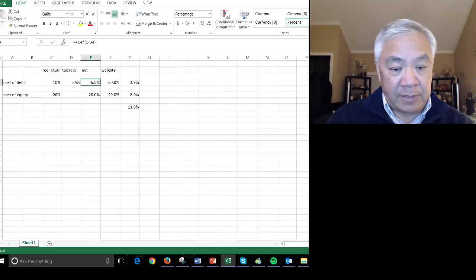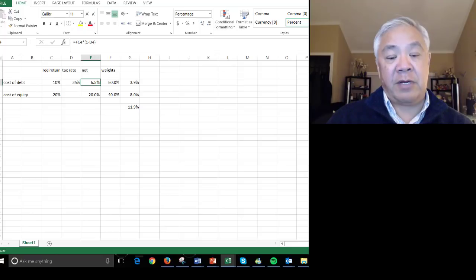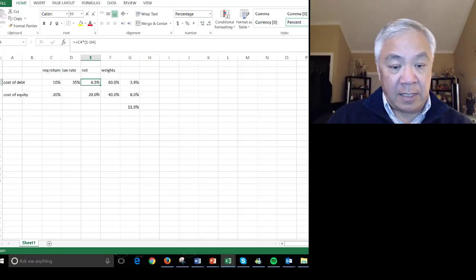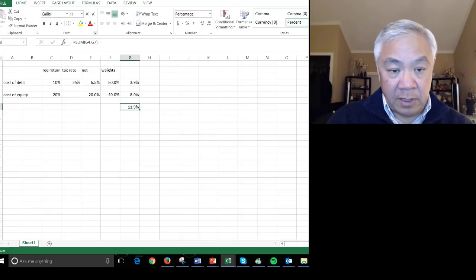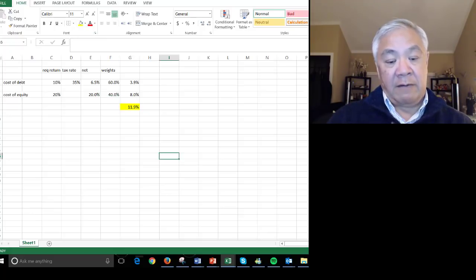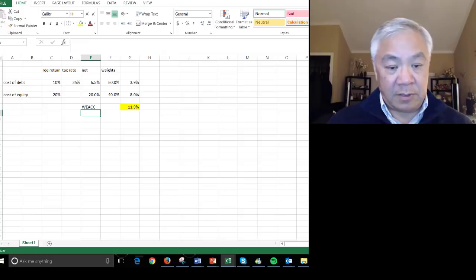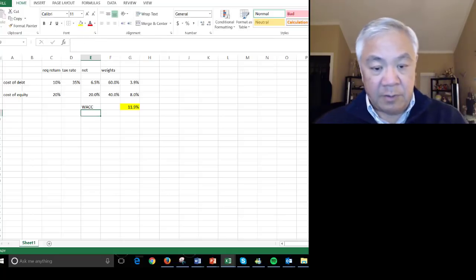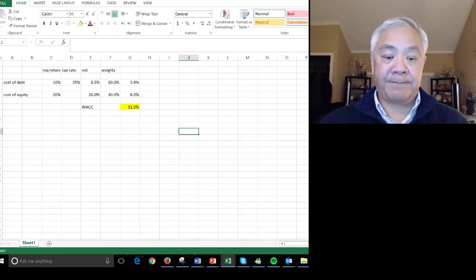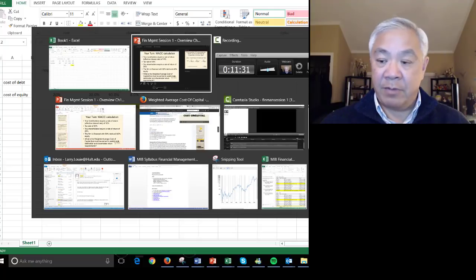Cost of equity is 20%. Ratios are 60-40. 60% of 6.5 is 3.9%. 40% of 20 is 8%. And this number is our answer. The weighted average cost of capital equals 11.9%.